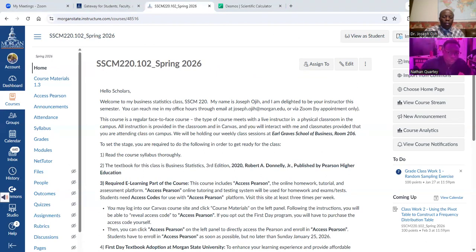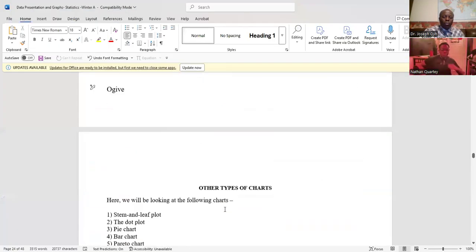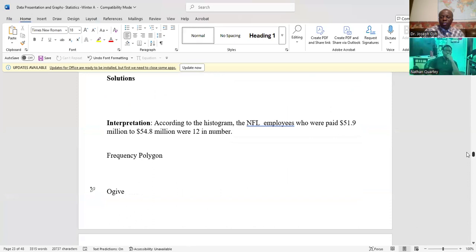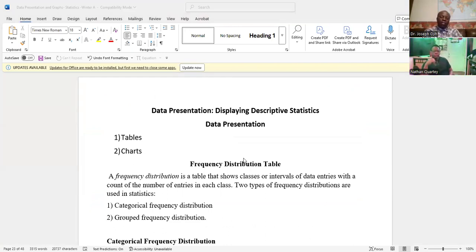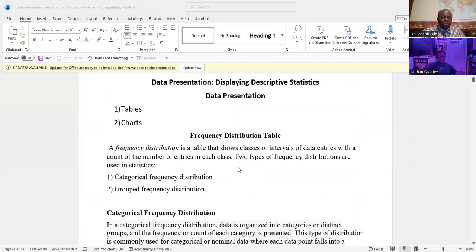Last week I explained that what we do in statistics is to collect data, analyze data, and then interpret data. But before you can analyze data, you have to present it in a form that is easy to analyze. We do that using tables and charts. So we start with tables, what we call a frequency distribution table.